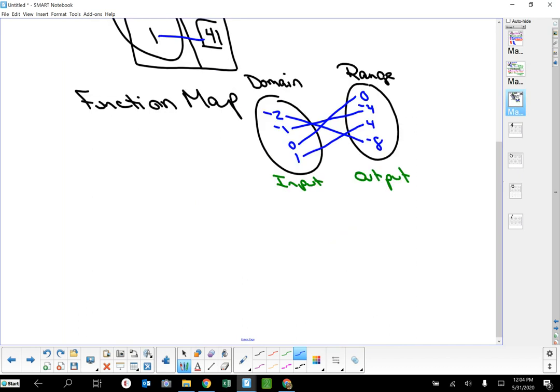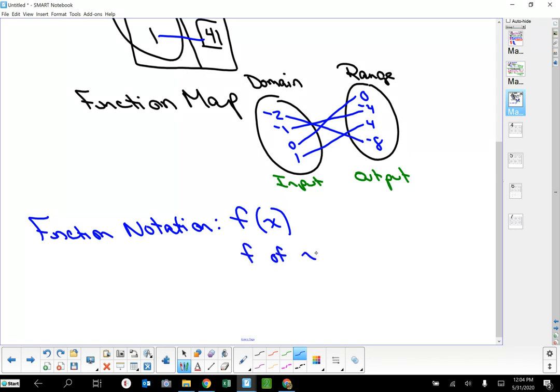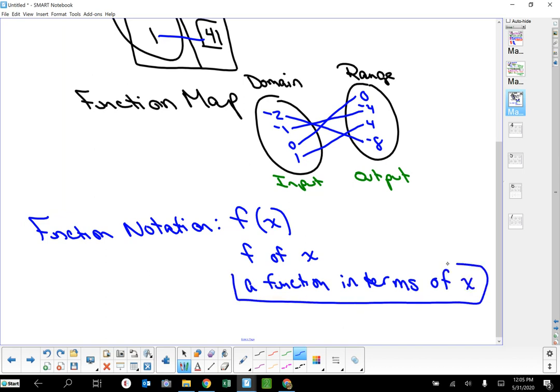So function notation looks like, and you may have seen this in a prior class, f of x, which means a function in terms of the variable x. So this whole statement right here, a function in terms of x, is what that looks like mathematically.